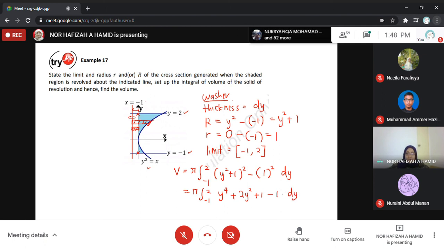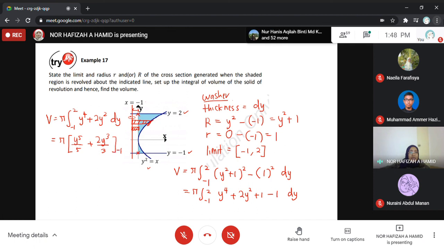Okay, lepas tu, so ni you simplify after you expand, you simplify first. Okay, so v is equal to pi. Okay, so you simplify, you have y4 plus 2y2 and thickness dy. So equal to, so you dah simplify baru you integrate. y5 over 5 plus 2y3 over 3.